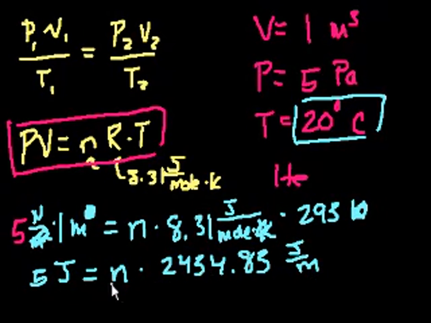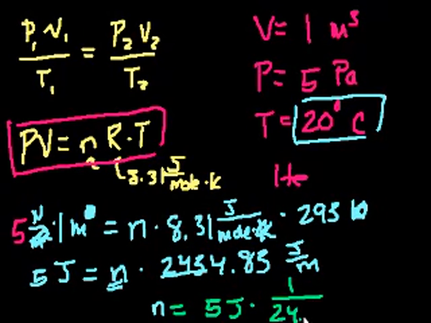And so to get the number of moles, we just divide both sides of the equation by that, and the units should work out. So N is equal to 5 joules times 1 over 2434.83, and since we're dividing, this flips, moles per joule.